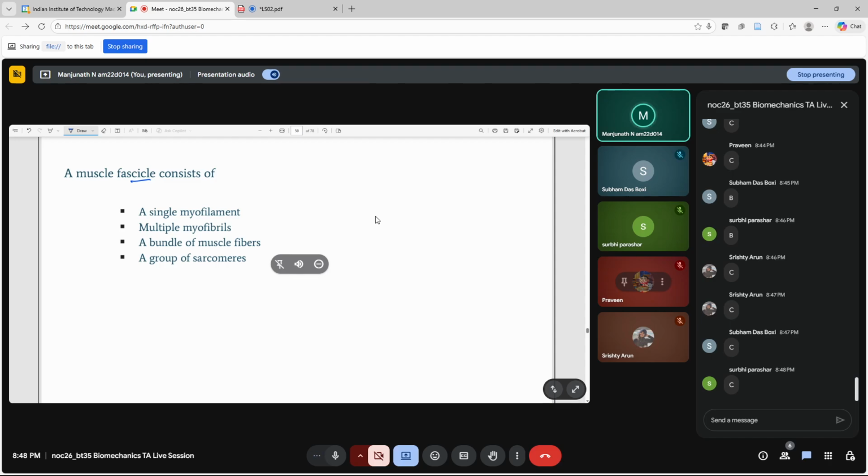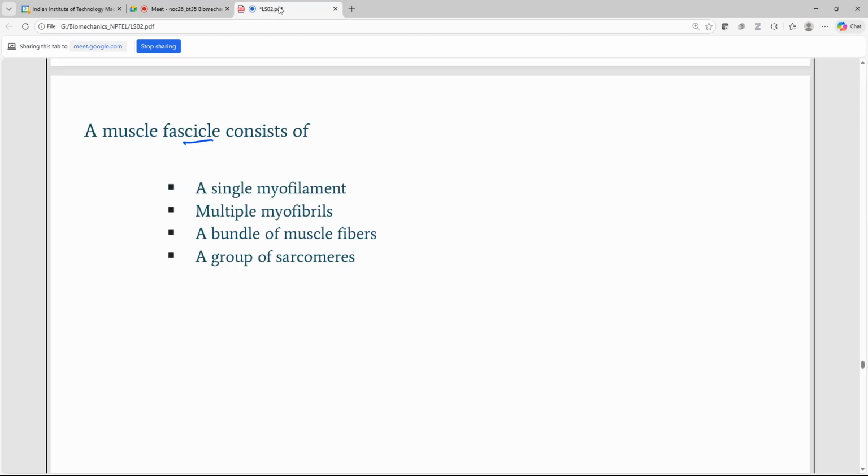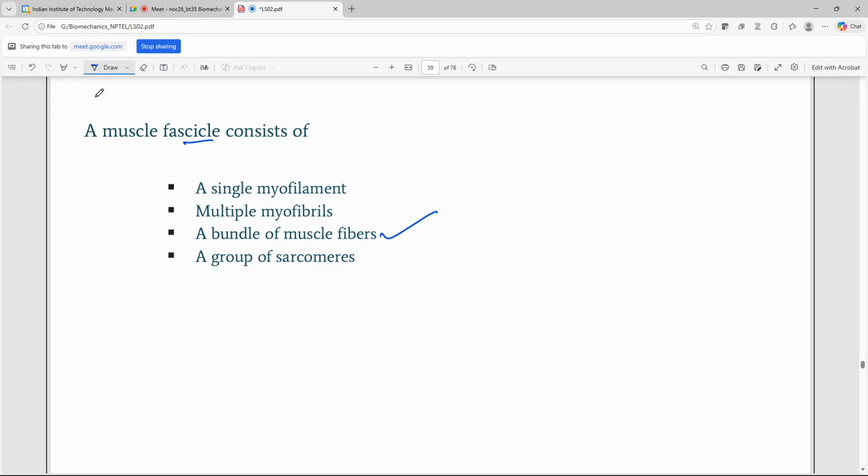Option C, that is a bundle of muscle fibers. A muscle fascicle consists of a bundle of muscle fibers. That is option C.